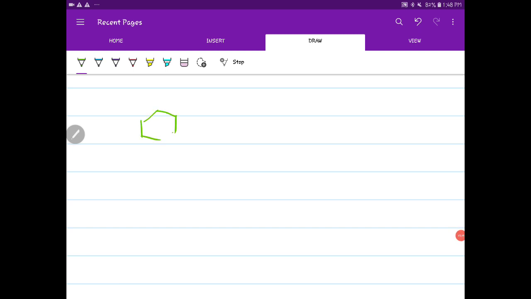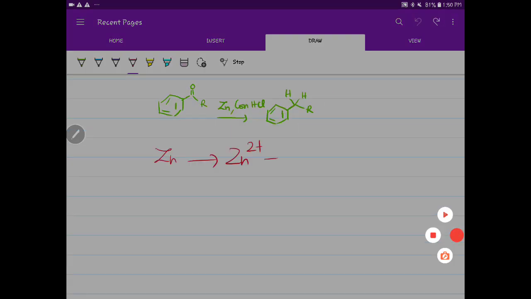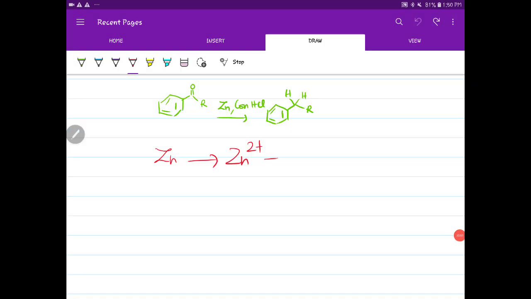Actually, the Clemmensen has the most complicated mechanism, even though it is very easy to perform, as I have told earlier. How does it happen? When zinc dissolves in concentrated HCl, it gives zinc ion and 2 electrons.